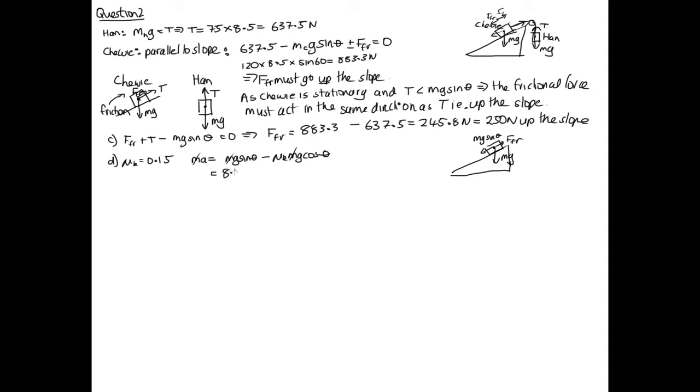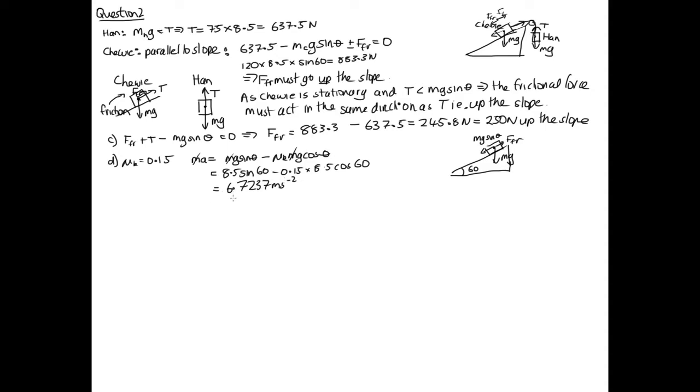So g, that's 8.5, sine, and we were told in the question that this was 60 degrees. So sine 60 minus 0.15 times 8.5 cos 60. Solving this one, we end up with 6.7237 meters per second.